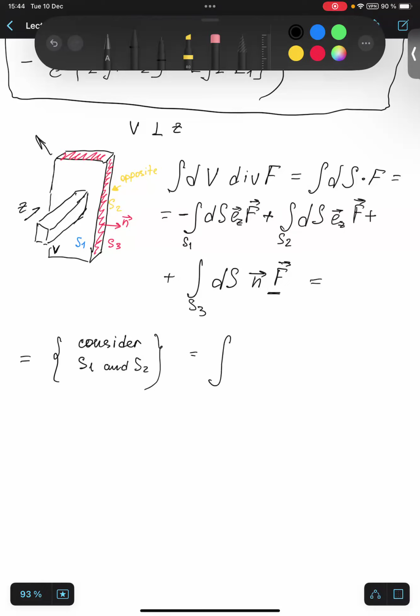I will write it as one integral over some s, ds minus f z xyz plus f z xy z plus some delta z.